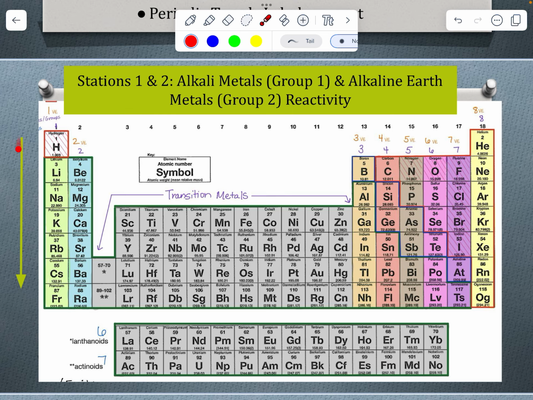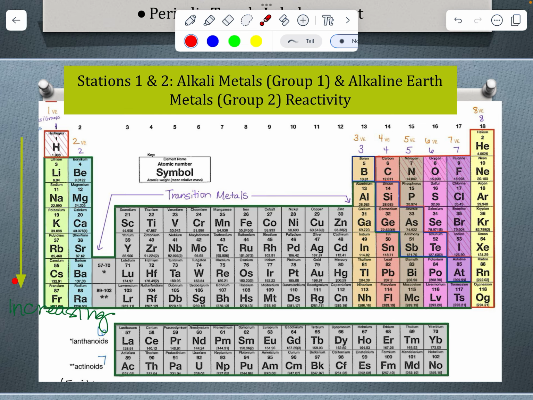Those should have shown us that when we're looking at metals, reactivity increased as we went down. When we're labeling these, our arrowhead is going to point to that increasing reactivity. And so that reactivity is increasing as you are moving down in that group.